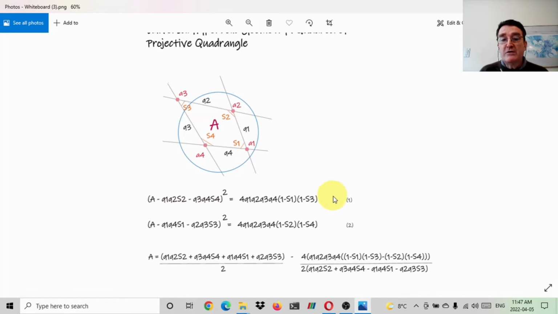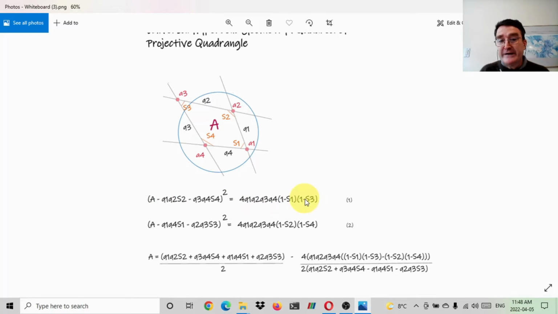In fact, there's a pair of quadratic equations that are compatible. And this pair of compatible equations has a common solution given right here. So A is the Quadria here. Quadratic equation number 1 is (A − Q1Q2S2 − Q3Q4S4) squared equals 4 times Q1 times Q2 times Q3 times Q4 times (1 − S1) times (1 − S3).